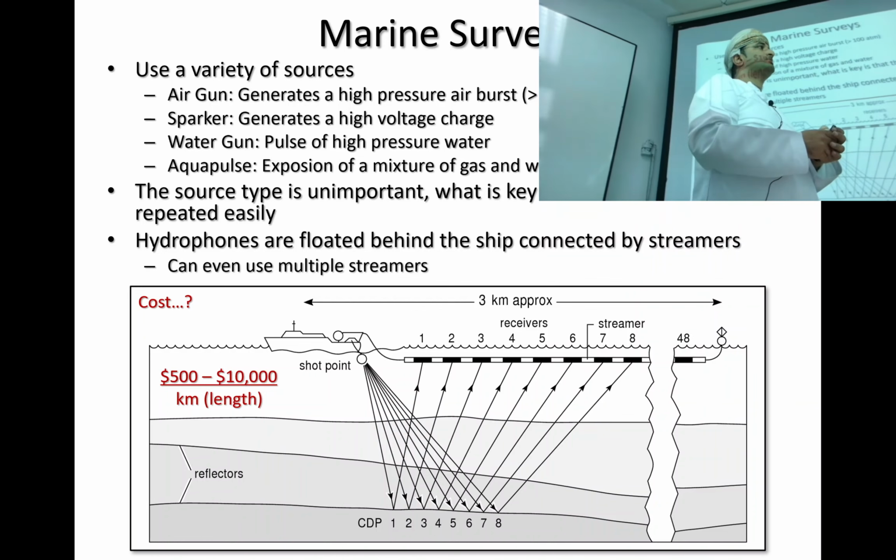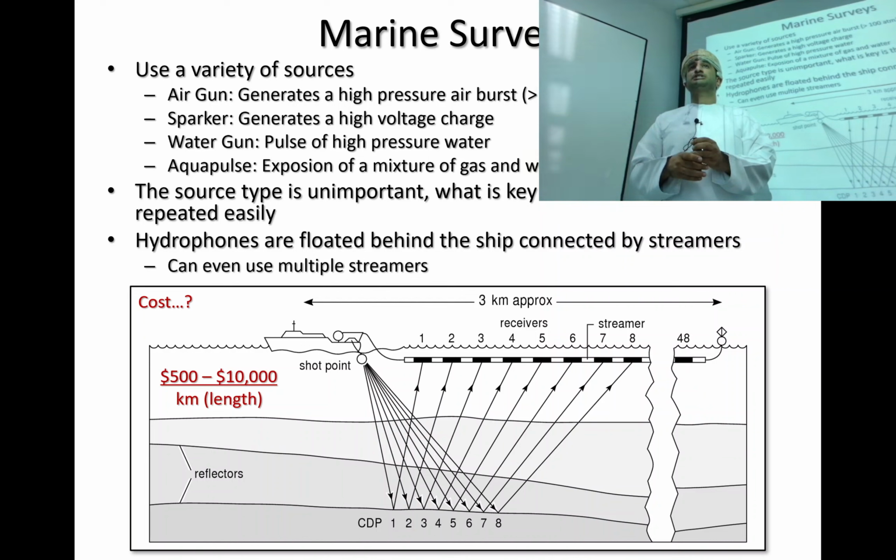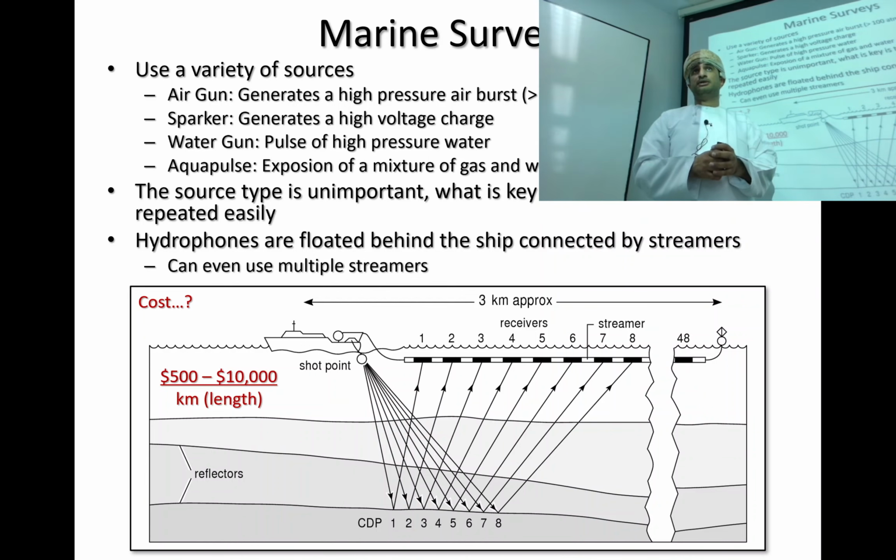But why don't we record 3D data? Expensive, yeah. Also the time constraint. Maybe you are not sure whether there is oil or not. You want to run a very quick reconnaissance survey to determine the general structure of the geology in the subsurface. For those cases, it's good to acquire only 2D data.